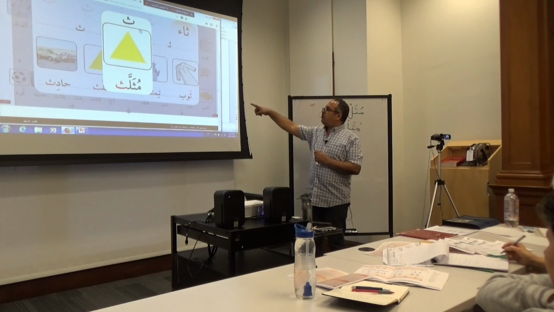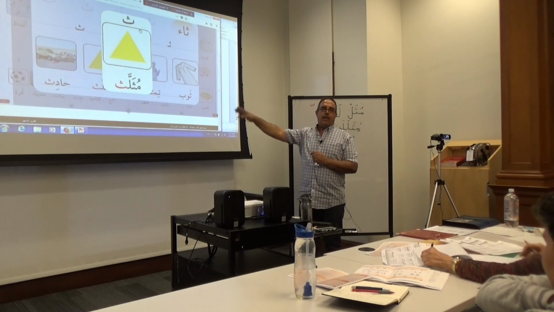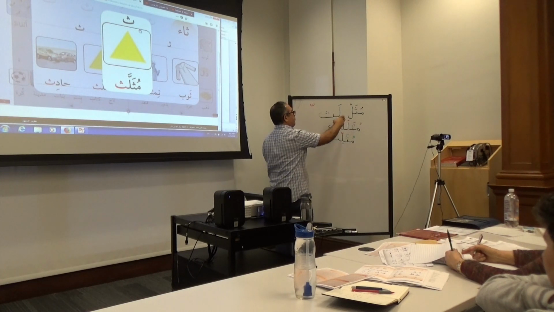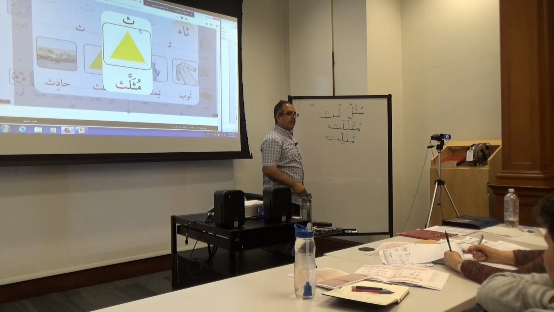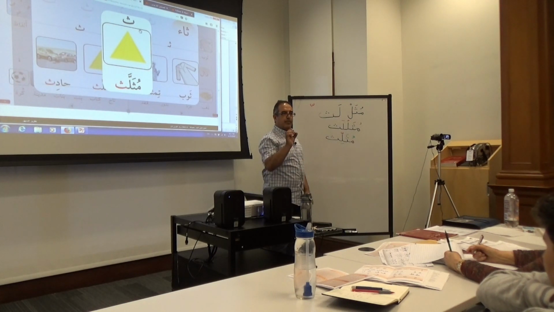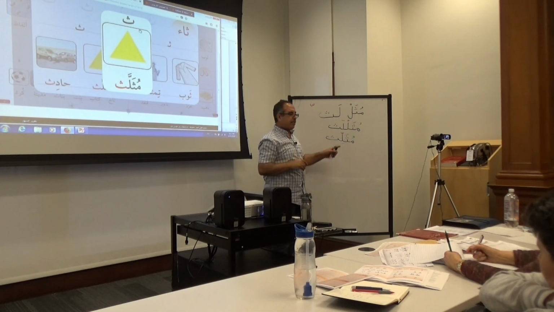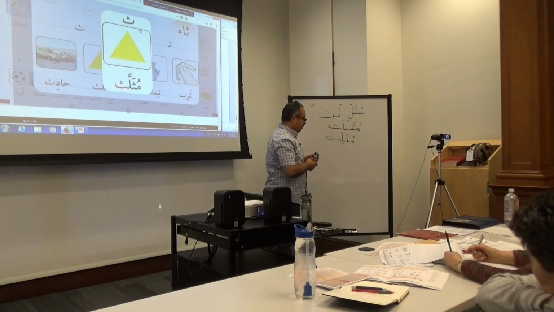So here we have مثلث, مثل. See, مثلث. Always take a shadda as two letters, two similar letters. The first one has sukoon, the second one has the haraka, the movement that will follow the shadda. It will be attached to the shadda. It always has to be with it. Alright?